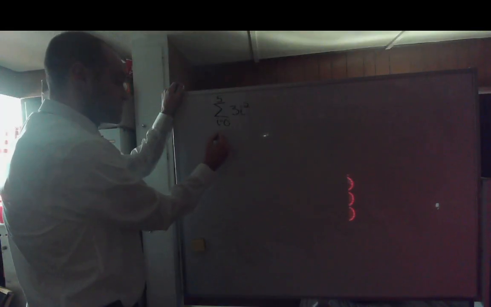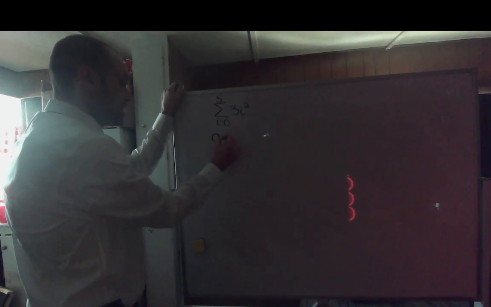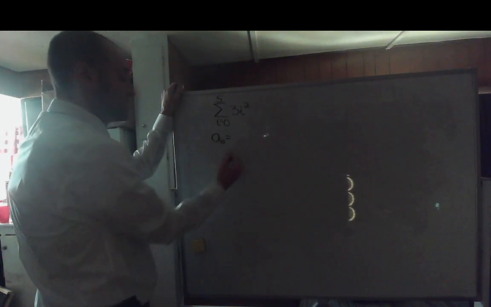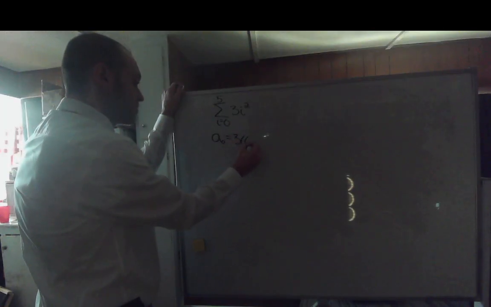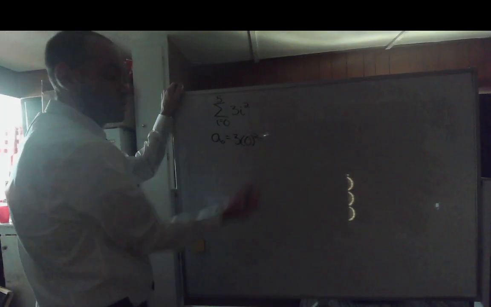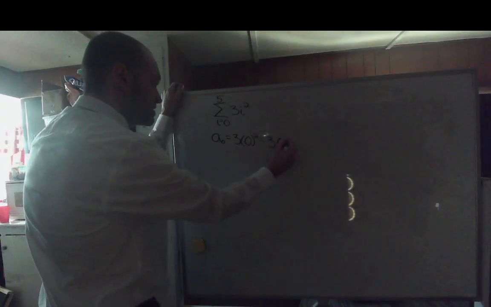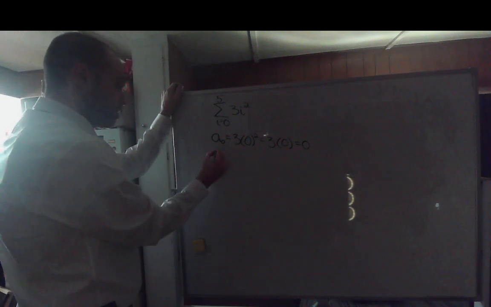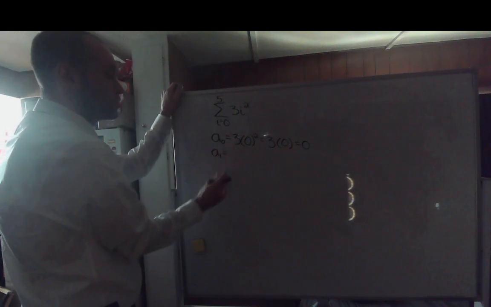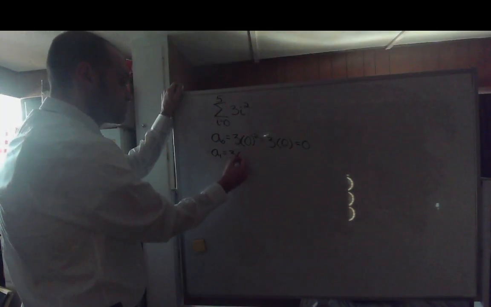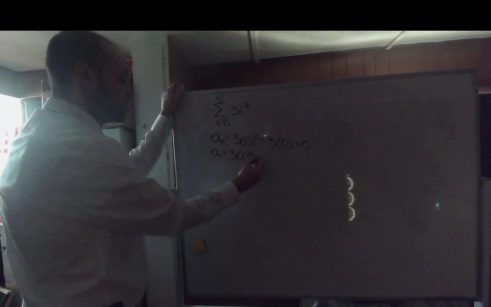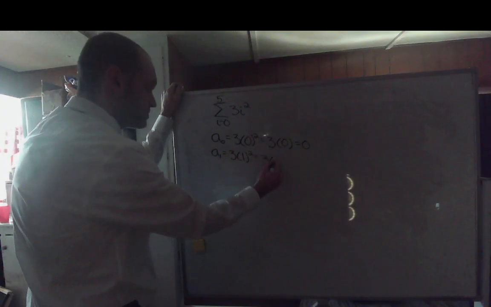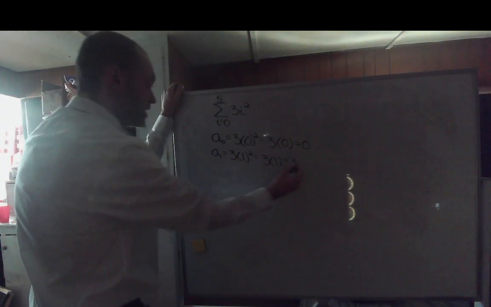Since i starts at 0, we're actually going to have to take a sub 0. A sub 0 is going to be 3 times 0 squared, which is the same as 3 times 0, which would just give us 0, right? Alright, a sub 1, that's going to be 3 times 1 squared, which is 3 times 1, which equals 3.